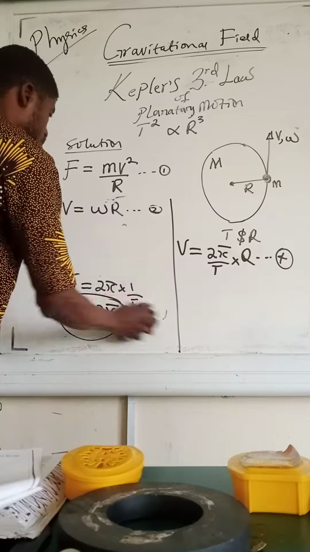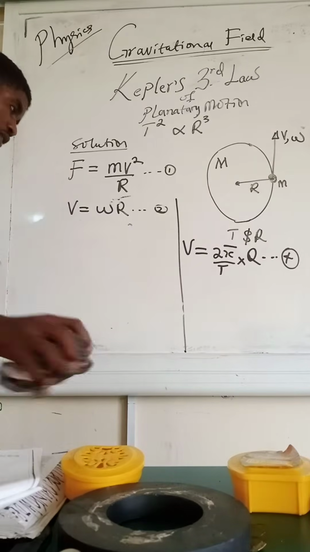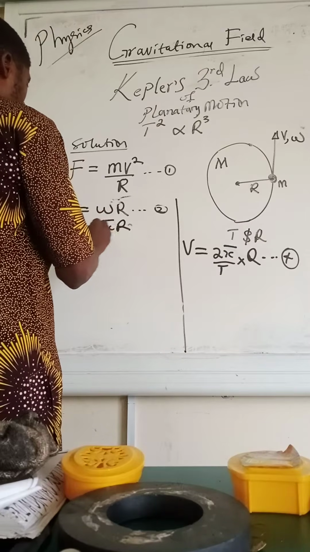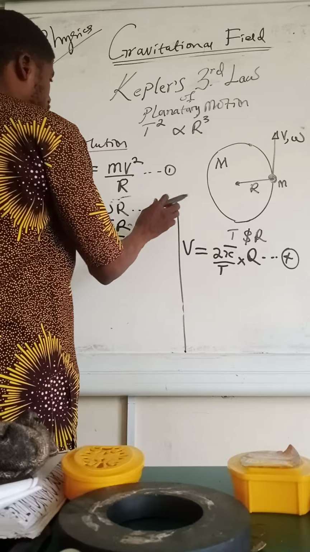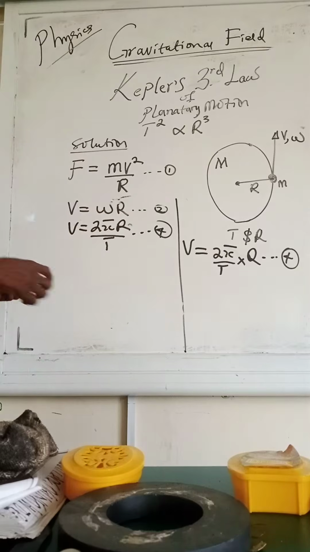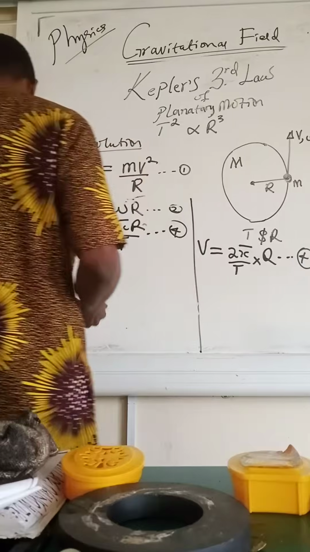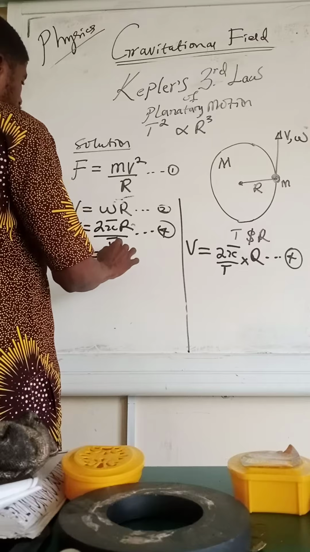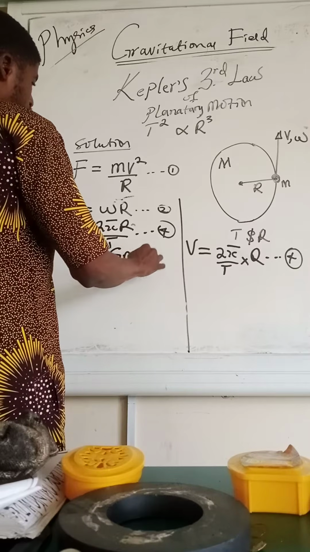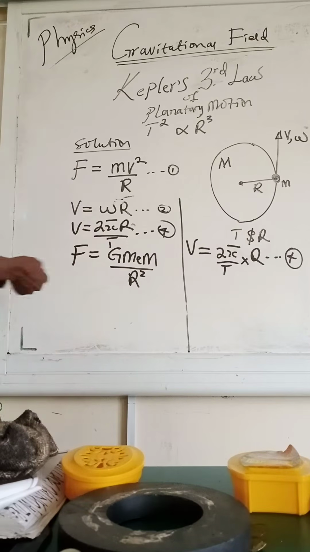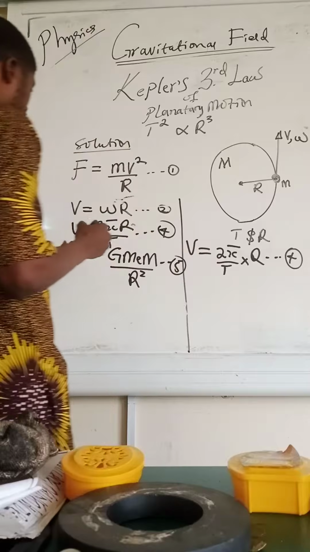Equation number 4 is one of them: v is equal to 2 pi R all over T. And the last one is from Newton's law of gravitation, which is supposed to be the first one: F is equal to G M m all over R squared. You can call this equation number 5.